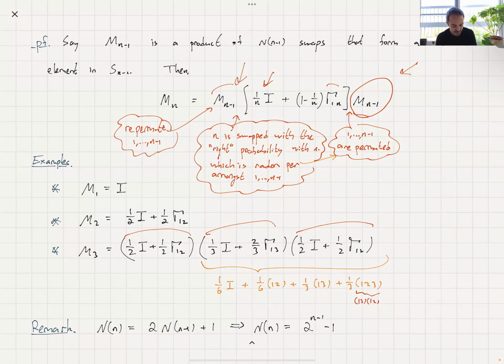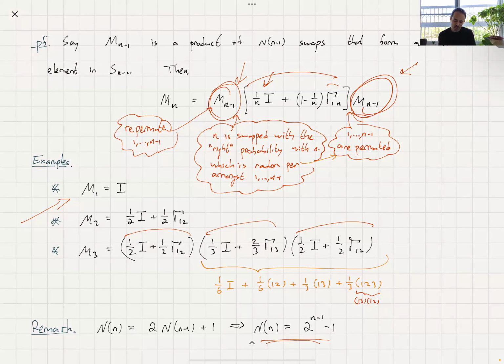And you can easily see that capital N of little n, namely the number of random swaps that you have, is doubled when you move from little n minus 1 to little n, because you have 2 of those, and you add one more random swap. So all in all, taking into account that M1 has no random swaps, the number of random swaps that participate is exponential in n, 2 to the n minus 1 minus 1, if you want.